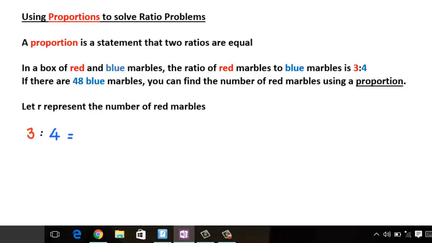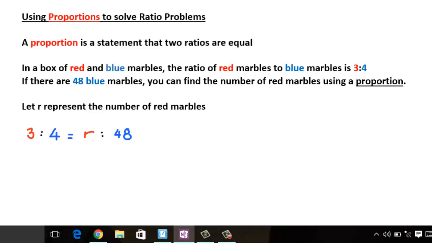No. So I'm going to represent it with the letter R. So it's going to be R to 48, because I have the 48 blue marbles. And this is the proportion. The proportion is a statement that two ratios are equal. This ratio equal to this ratio.